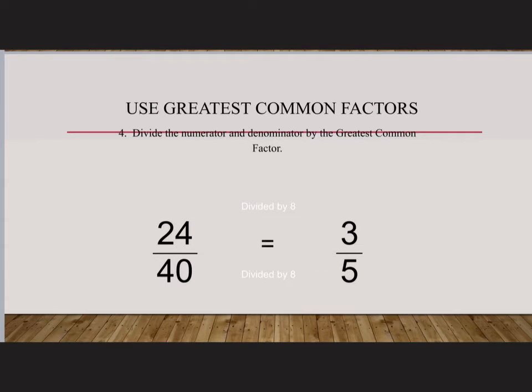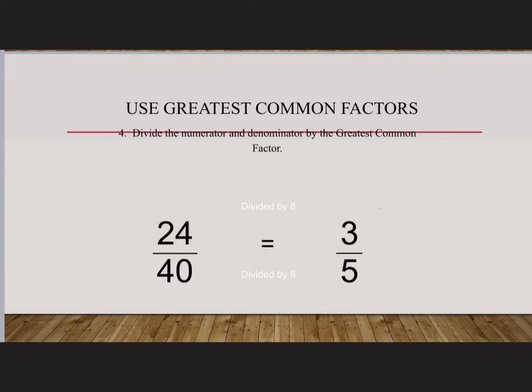To simplify, we're just going to take 24 and divide it by 8. 24 divided by 8 is 3. And then you take 40 and divide that by 8. 40 divided by 8 is 5. So 3/5 is equivalent to 24/40ths.